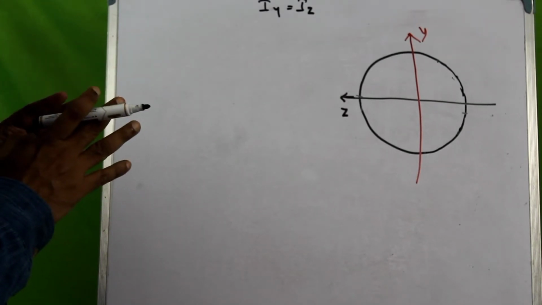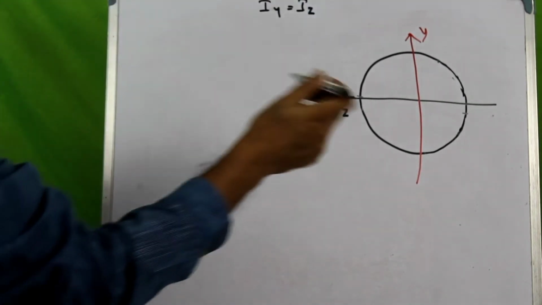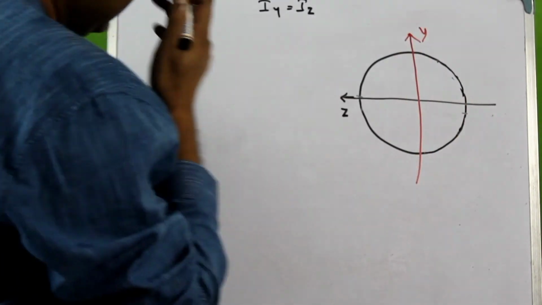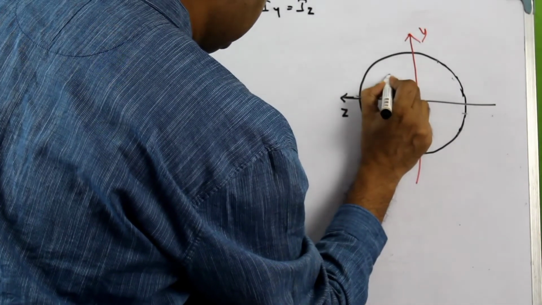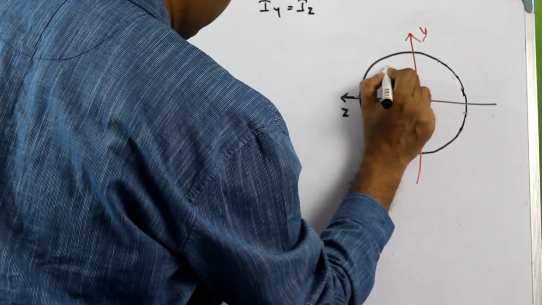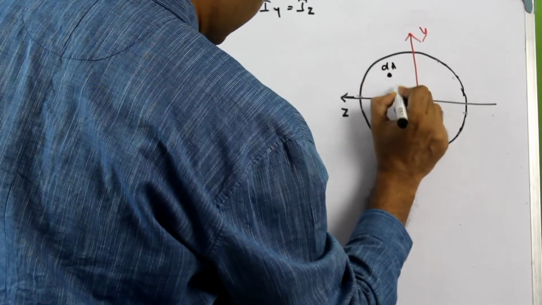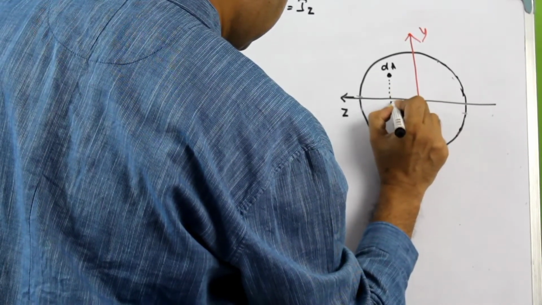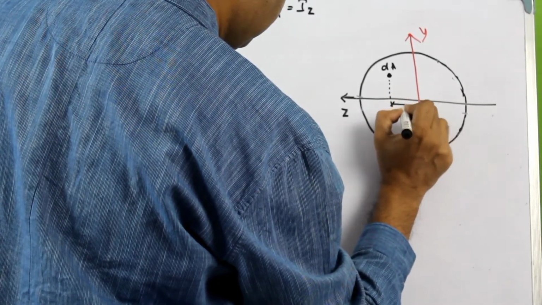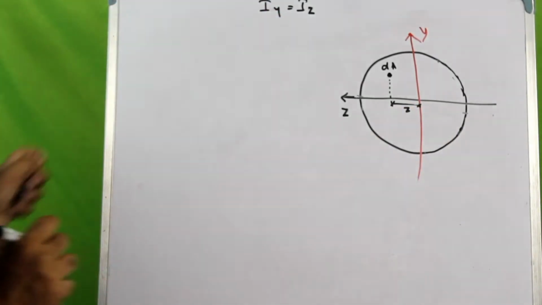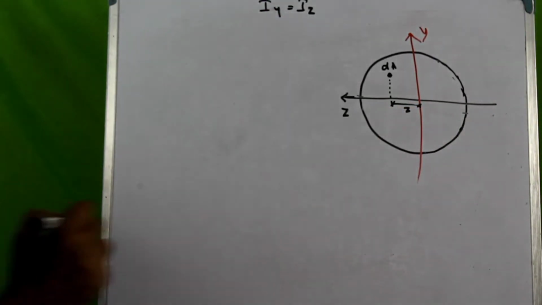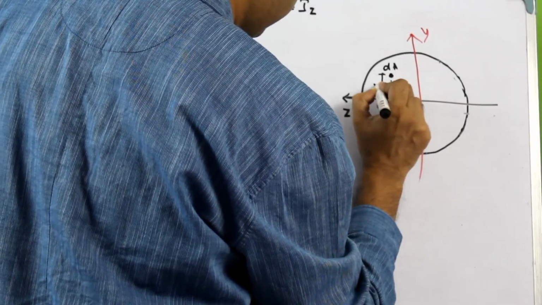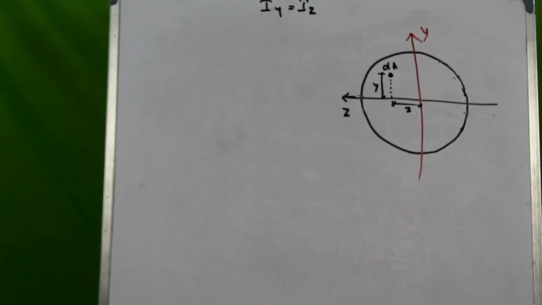But at this point, it's enough to know that the positive z-axis is this, the positive y-axis is this. Now let there be an elemental area dA which is located at a distance of z from the center of the circle and a distance of y from the center of the circle.